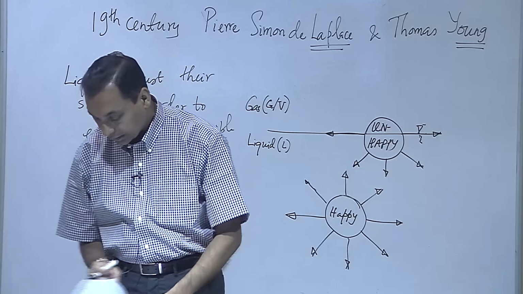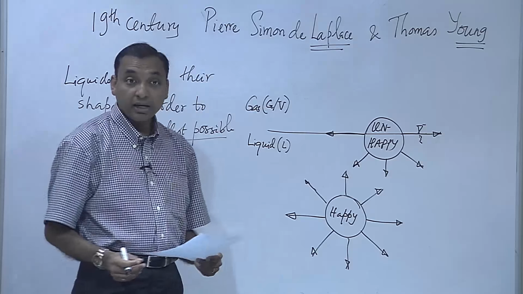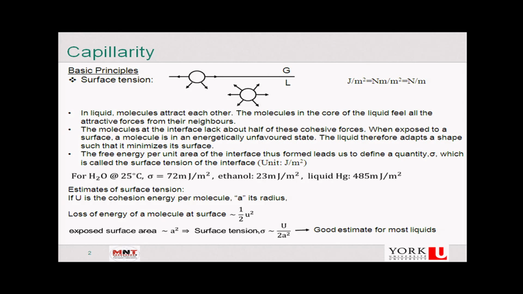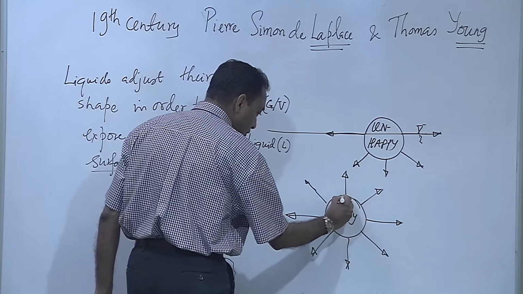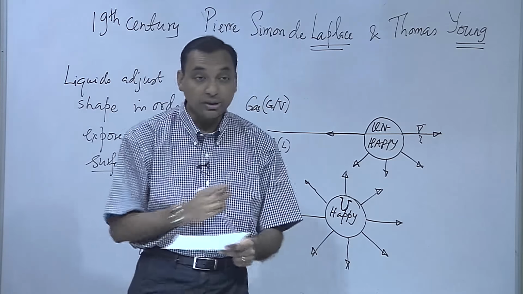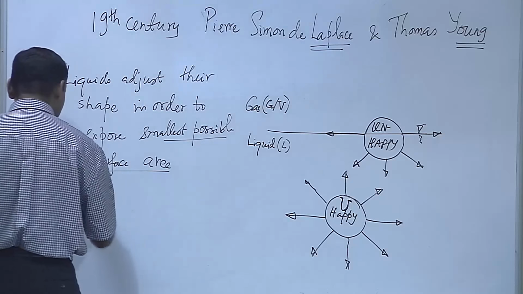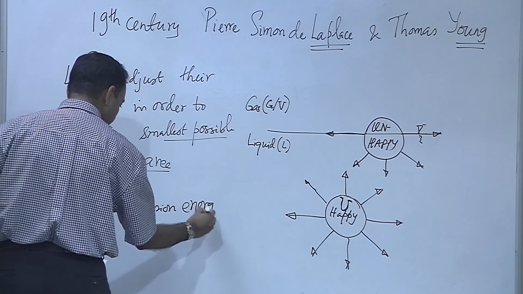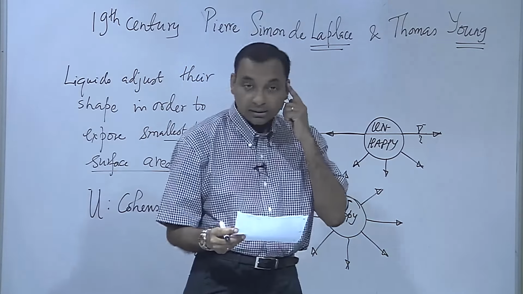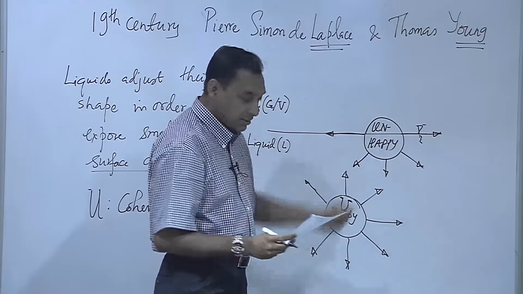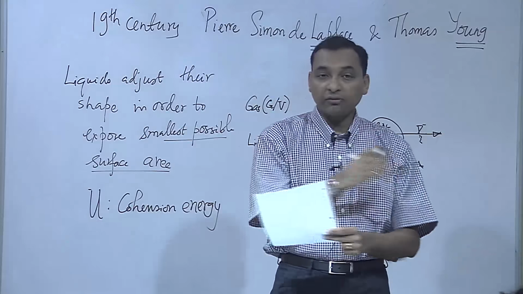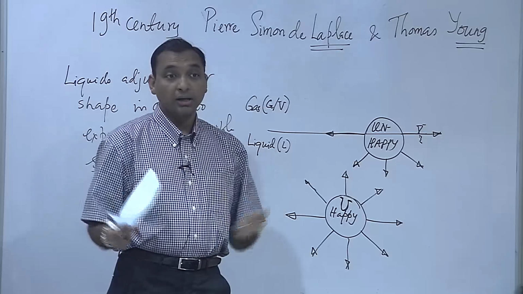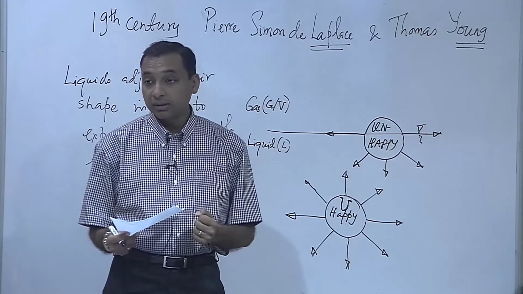Now, if you think in terms of energy, if I associate an energy U with the molecules inside the liquid, where U is the cohesion energy of the molecules that are inside, then at the surface, what is the amount of energy that is less compared to what is inside the system?